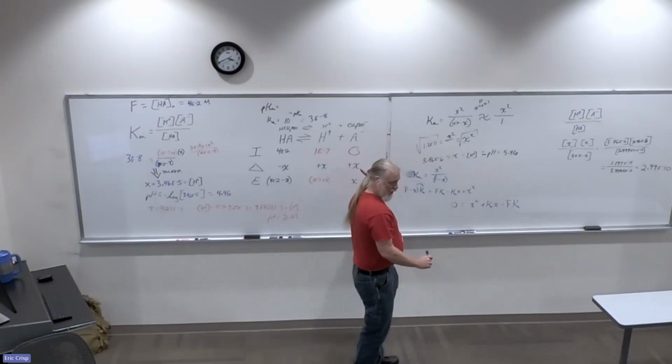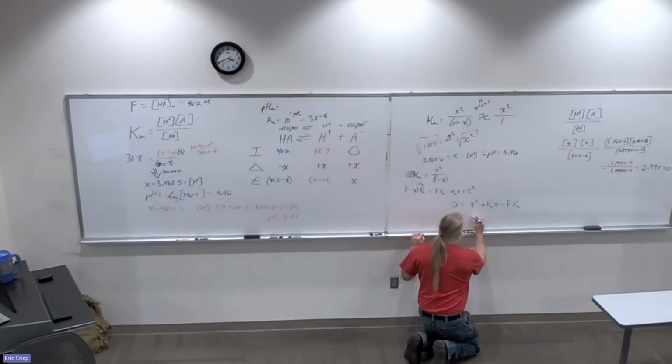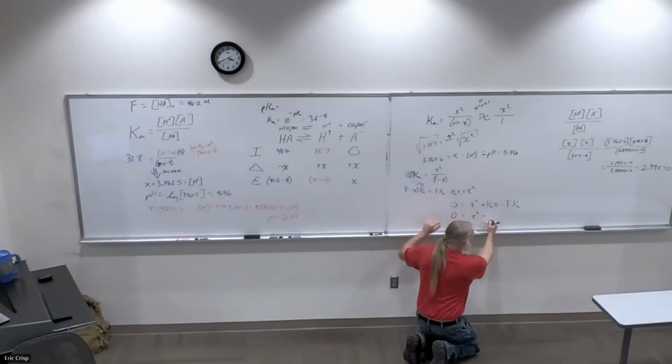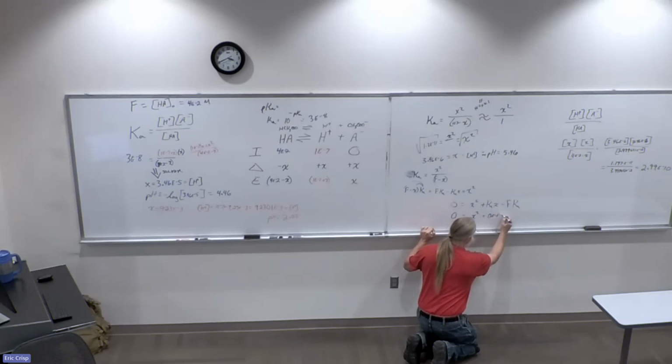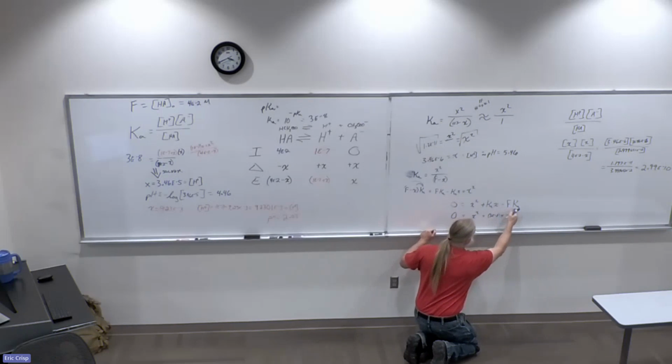That makes sense. Now I'm going to plug in my numbers. So I got 0 equals x squared, right? Plus, what is Ka here? Well, 3e negative 8, right? Times x. And then now I'm going to multiply them together here. 3e negative 8 and 4e negative 2.